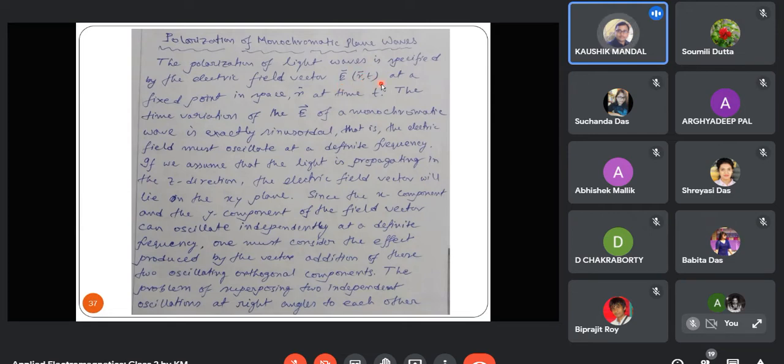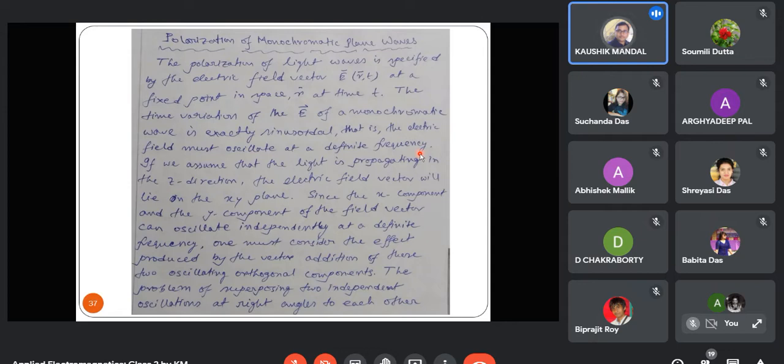So it is defining the electric field vector of the electromagnetic wave in space r at a time t. If we consider the time variation of this electric field to be monochromatic, that means it is exactly sinusoidal. Exactly sinusoidal means the electric field must oscillate at a definite frequency.